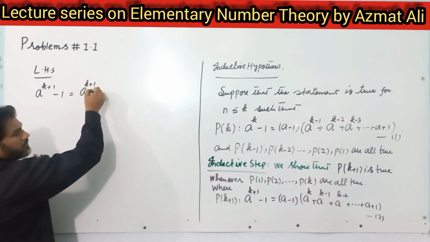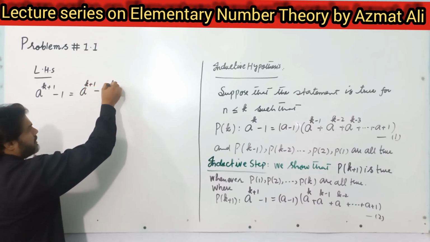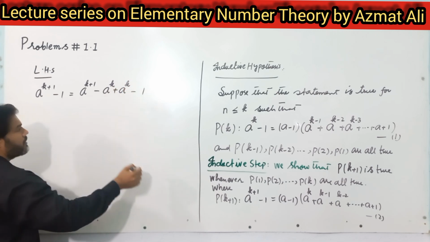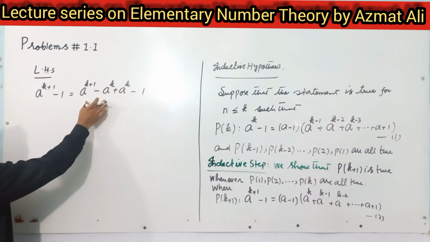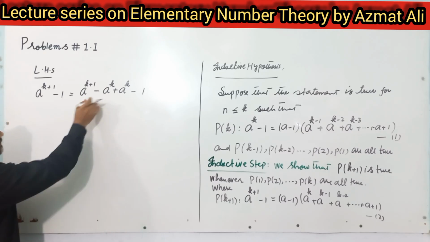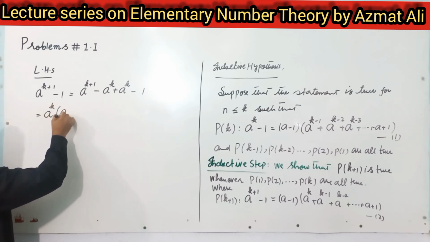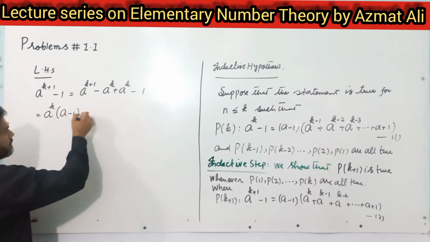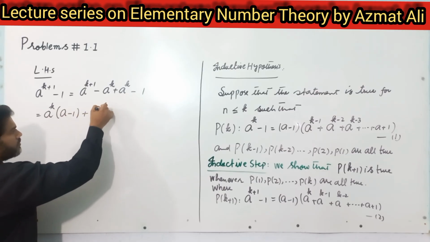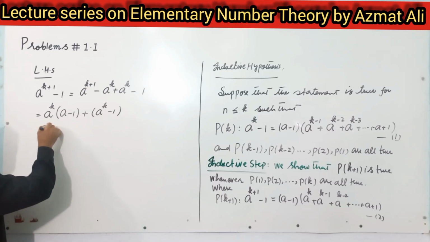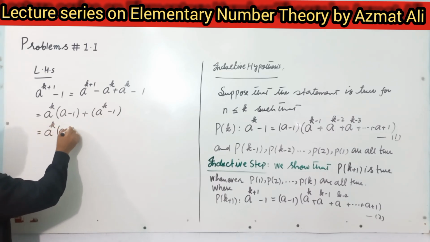From the first two terms, if we take a raised to power k as common, this becomes a raised to power k into a minus 1, and from the last two terms we write it as a raised to power k minus 1. This is a raised to power k into a minus 1.